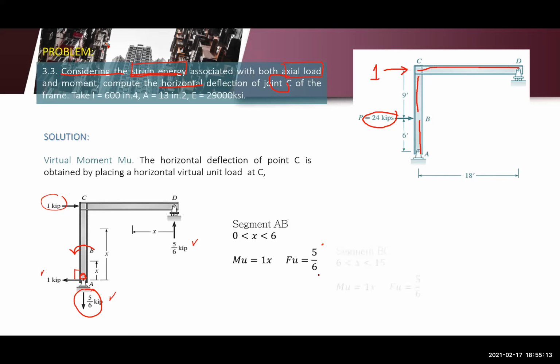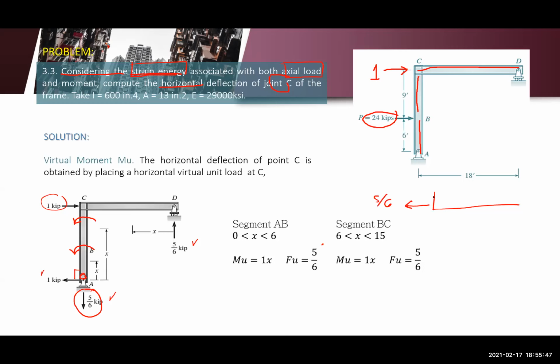Next naman, segment BC, 0 to 15. Similar lang, no? Ito din ang cut. Ang value ng MU nyo is the same, 1 times x. Ang FU nyo is same din, 5 over 6. So, kinopya lang. Same lang sila. So, 0 to 6, tapos 6 to 15. Ulitin ko, kung naku-confuse kayo dito, pwede naman na i-portray nyo as ganito para di kayo ma-confuse. So, meron ditong 5 over 6.